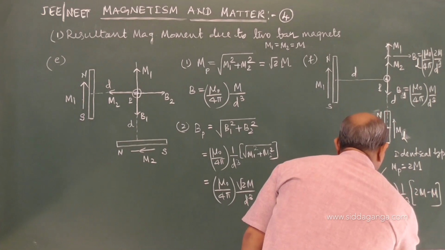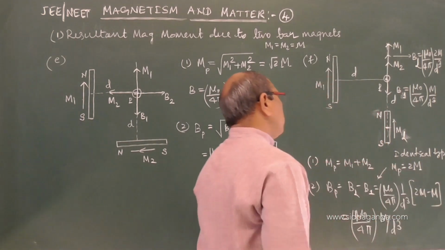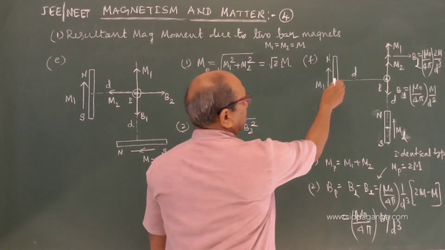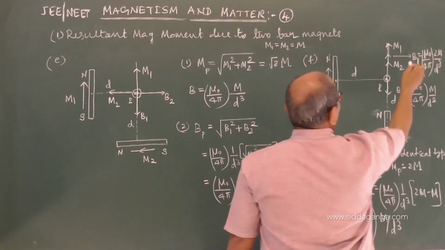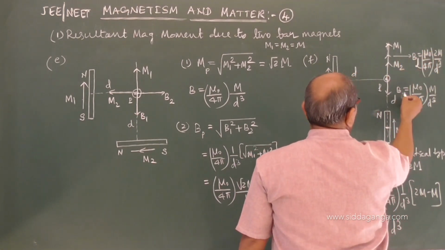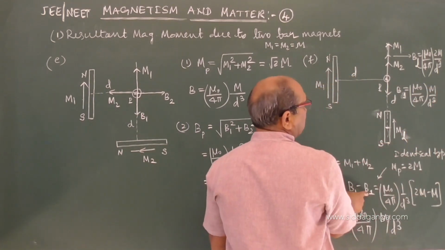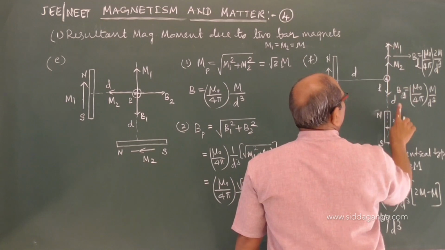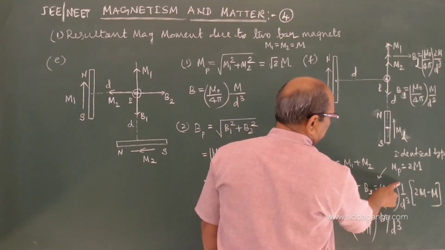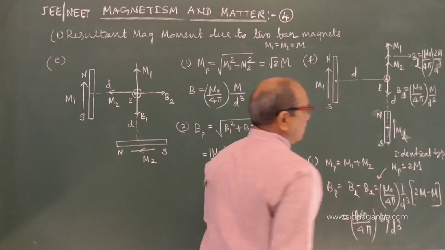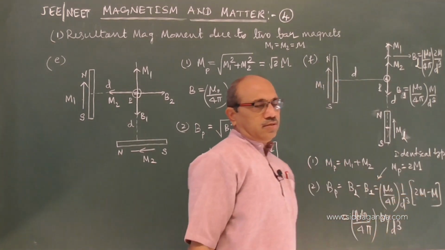Mu naught upon 4 pi into m upon d cube. So a slight change of notation here: m1 is this and b1 is this, opposite to that, mu naught upon 4 pi m upon d cube, that b1 we have taken here. m2 and b2 are in the same direction. b2 minus b1 is mu naught upon 4 pi 2m minus m. If they are of different values, it cannot be common, 2m1 minus m2.